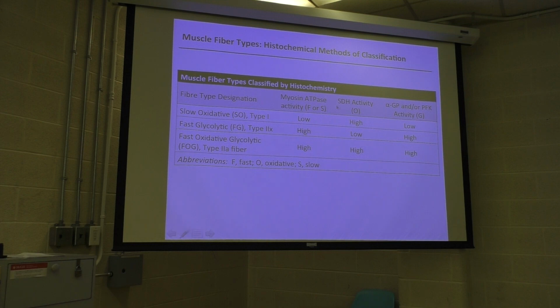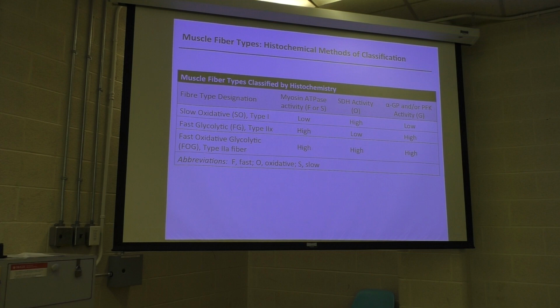Okay, so based on what we just talked about, their oxidative and glycolytic potentials change between type 1, 2X, 2A. So it's low for the slow fibers. The ATPase activity is low, and then it's higher for the type 2 fibers.